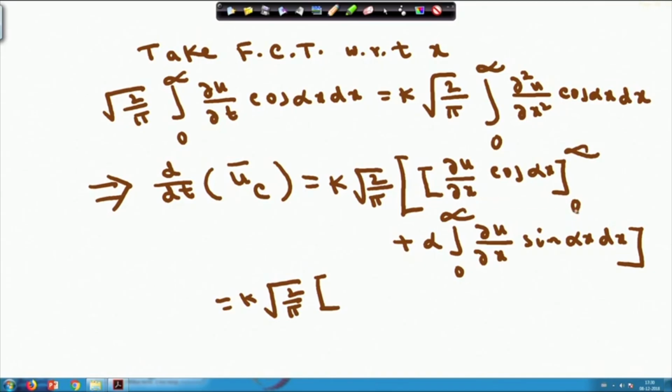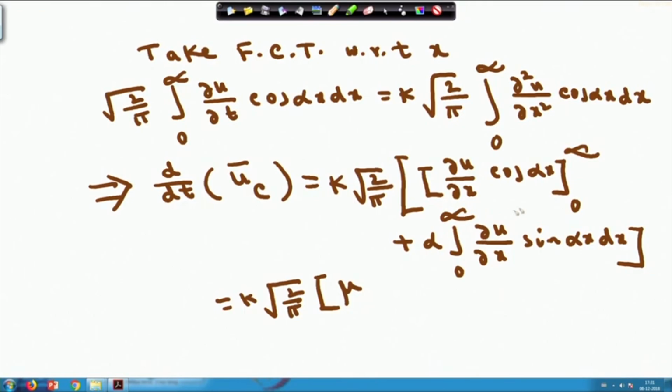One value is known: at x equals 0, del u del x is equal to minus mu, as has been told. So at the lower limit, minus mu will become plus mu, and the other term, del u del x, approaches 0 as x approaches infinity, which is provided in the condition. So that limit will vanish.